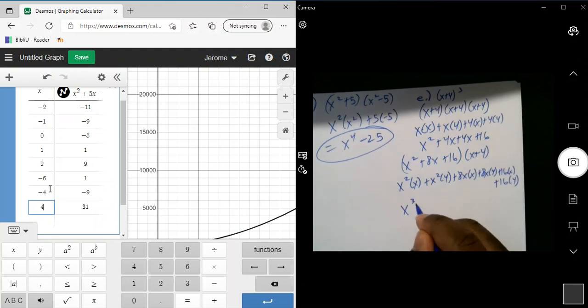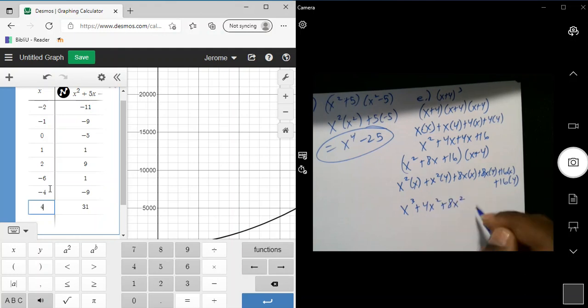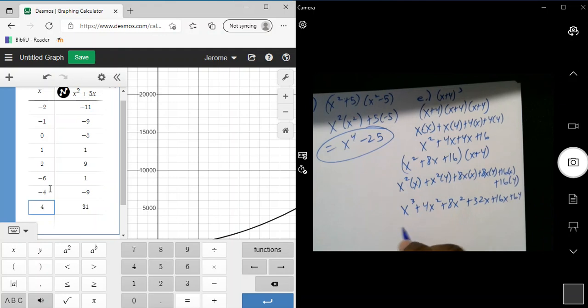So this would be x cubed plus 4x squared plus 8x squared plus 32x plus 16x plus 64. Now we combine the like terms. It'll be x cubed, 4x squared and 8x squared is 12x squared, 32x and 16x is 48x, plus 64. And that is the final answer.